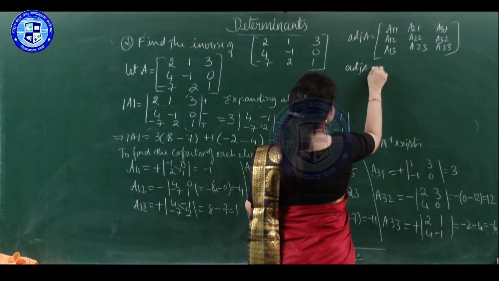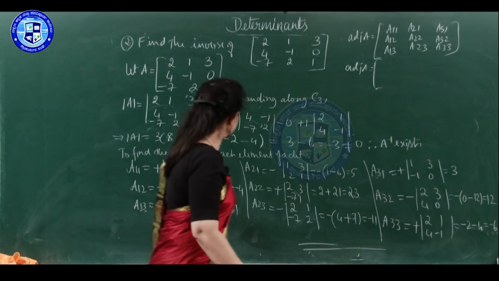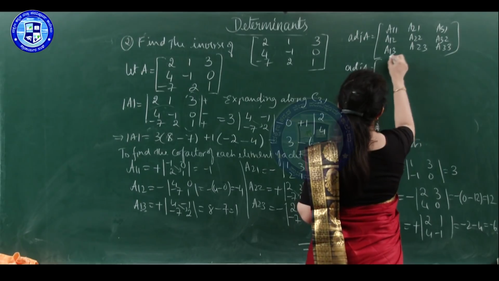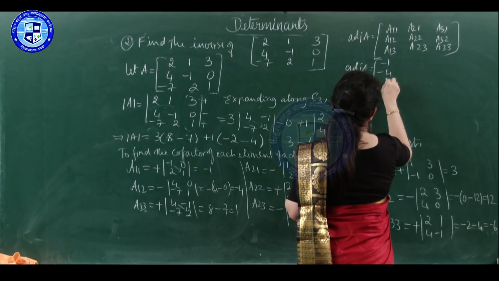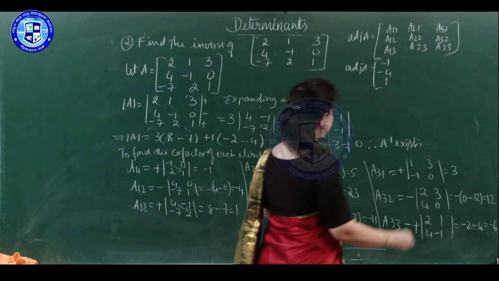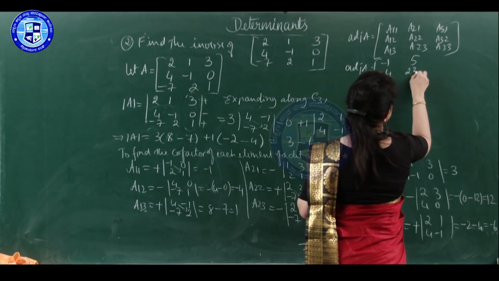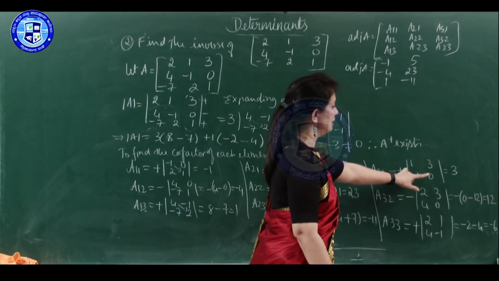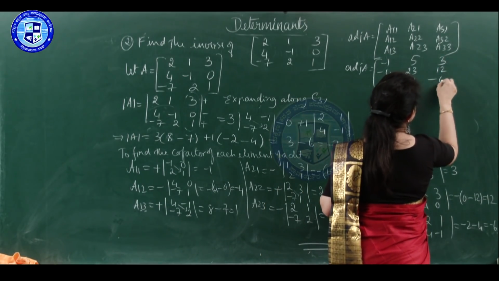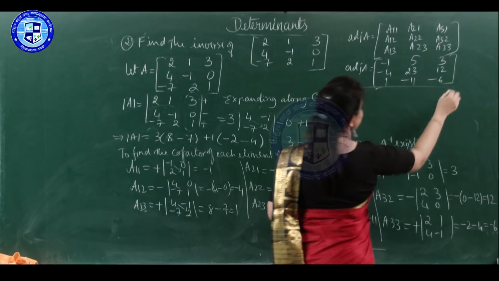Adjoint A is, look at this, first column 1, minus 1, minus 4. Second column 5, 23, minus 11. Third column 3, 12, minus 6. So here we have adjoint A.